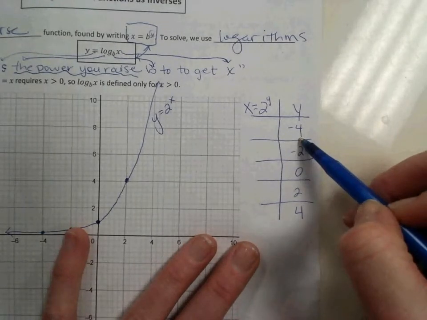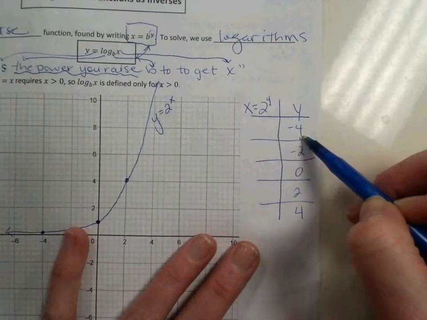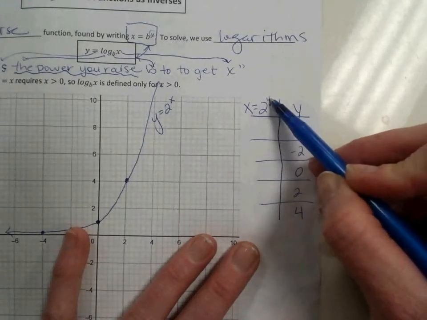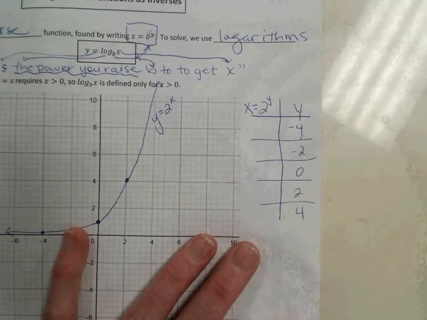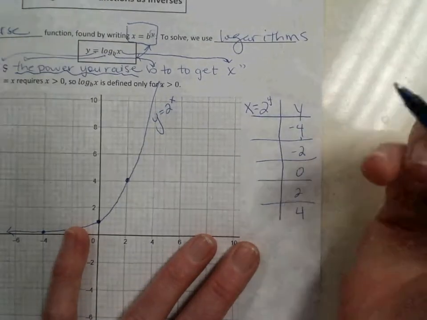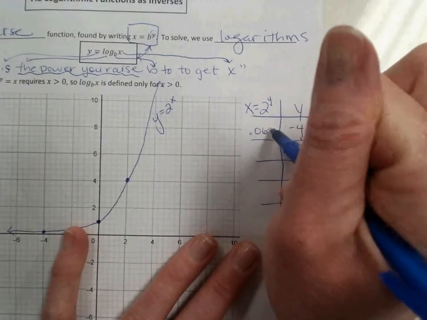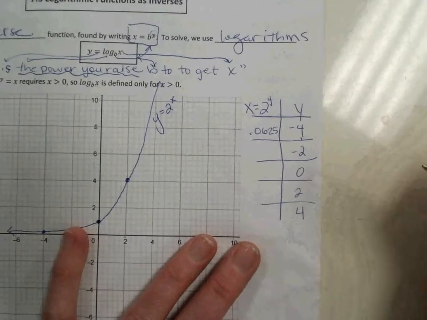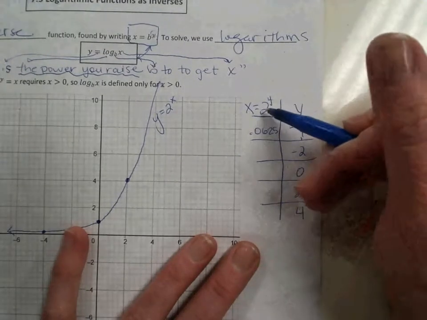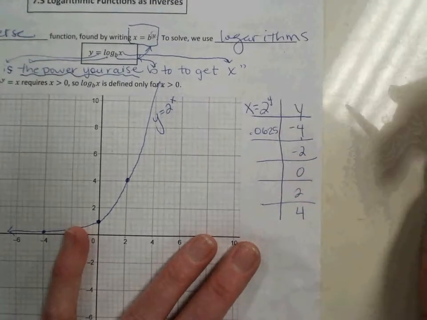You're going to see a pattern here pretty quickly. When we plug -4 in for y, we have 2 to the -4th. We just calculated that, right? What was it? 0.0625. Good. We raise 2 to the -2nd power.